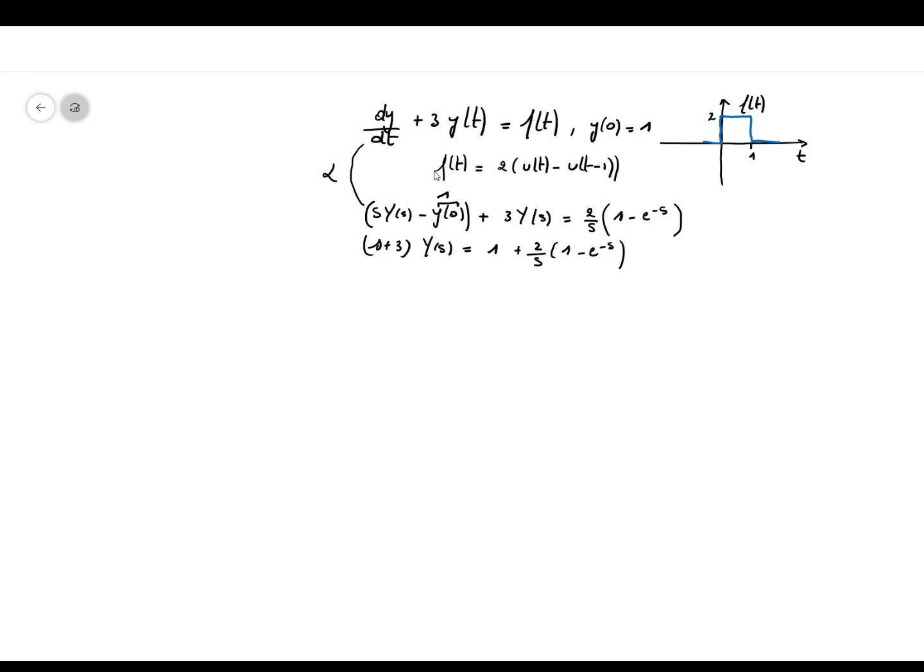Okay, so you can rewrite Y(s) as 1 over s plus 3, plus 2 over s times (s plus 3), 1 minus e to the minus s.